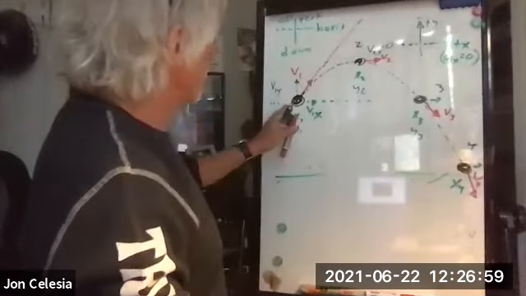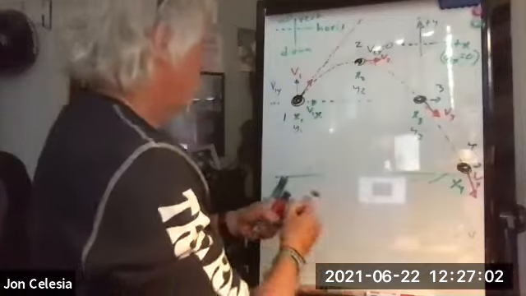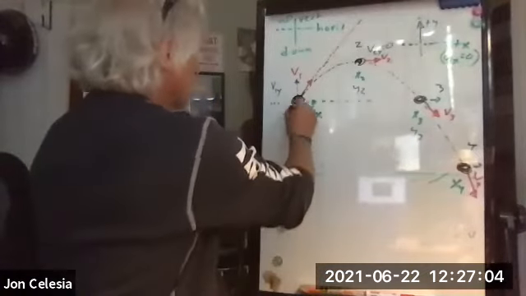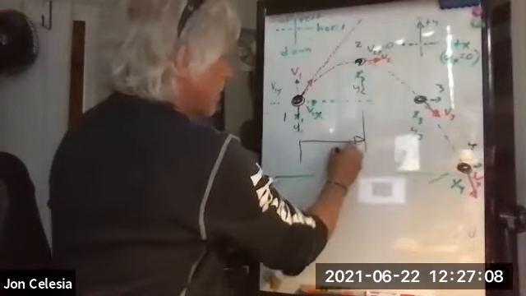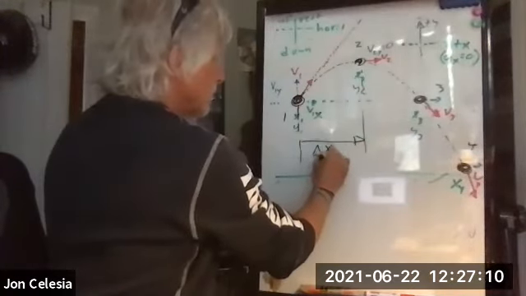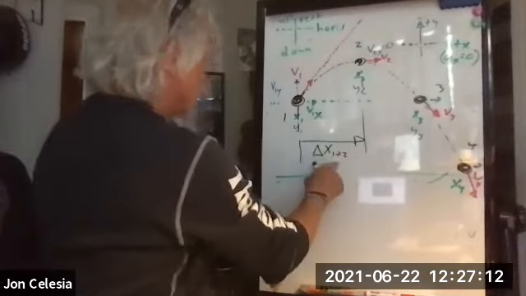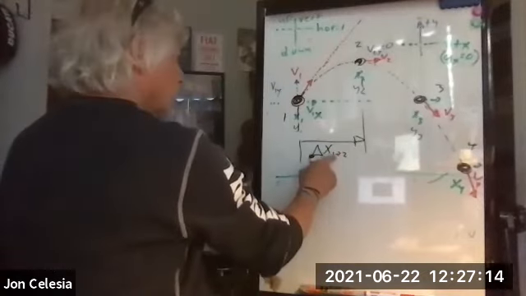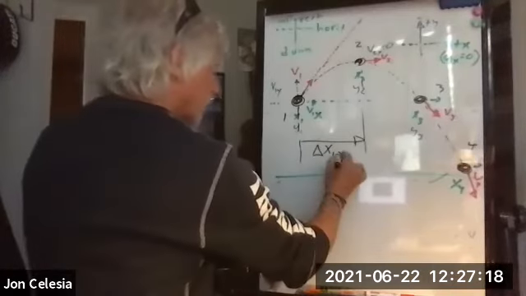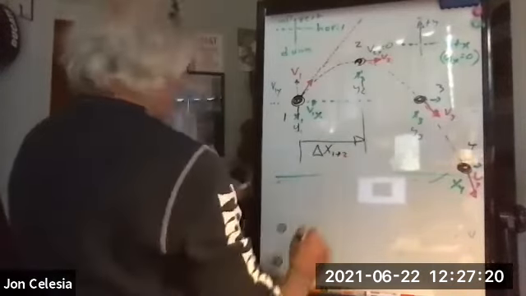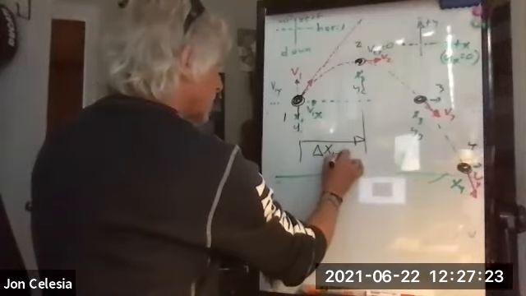So horizontally from 1 to 2, the object goes from there to there. So I would call that delta x 1 to 2. This is a unique notation that I hope people will start to adopt, I'm writing an article, because it's so much easier to catch on.